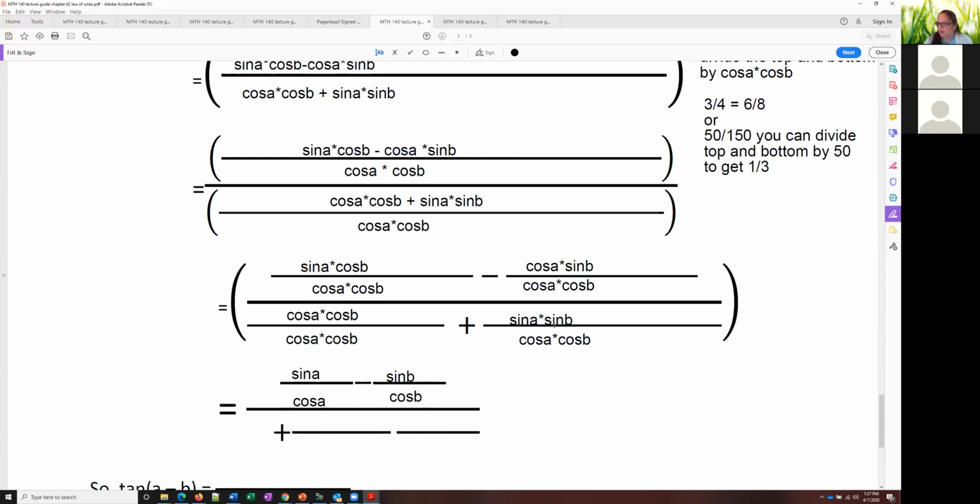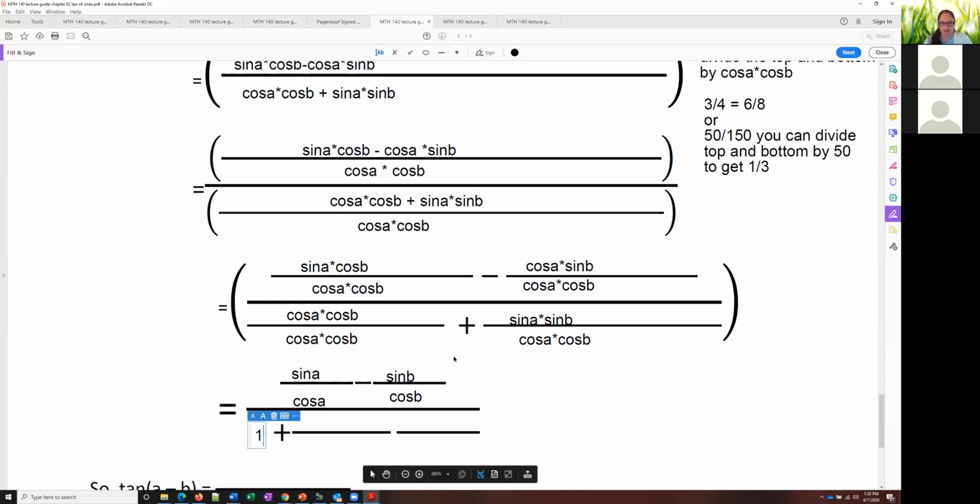Does that make sense so far, how I was able to cancel both of these fractions and reduce a little bit? On the bottom, the cosine A cancels with the cosine B, and cosine A cancels with cosine A, and cosine B cancels with cosine B. Everything cancels. So what should I put down here?